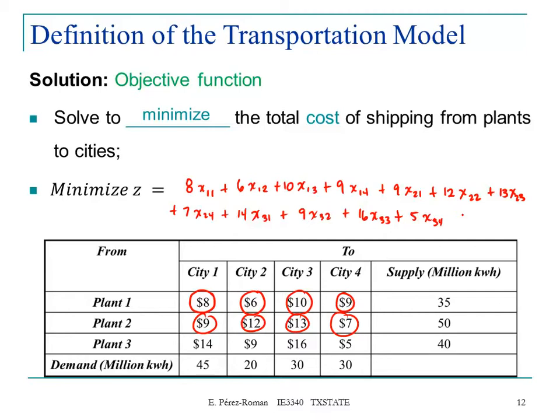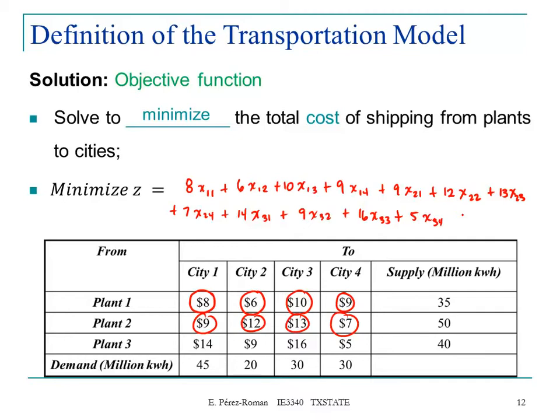So you want to minimize the cost of supplying your demand. You know the cost, so you want to minimize that cost. Okay, so the solution should give you the amount that plant 1 is going to supply to each city, going to be the one that is more cost effective.